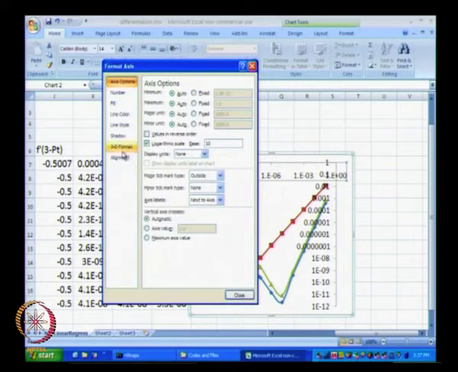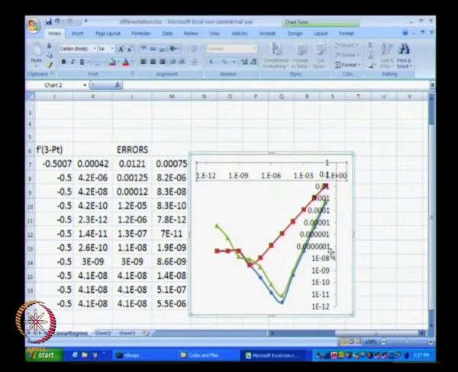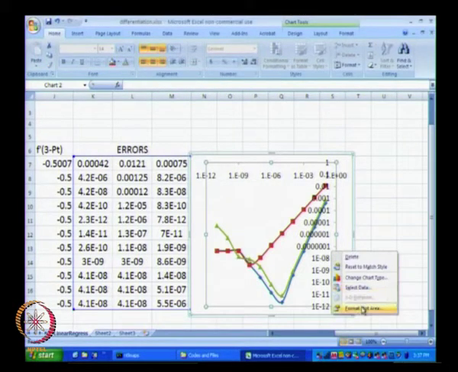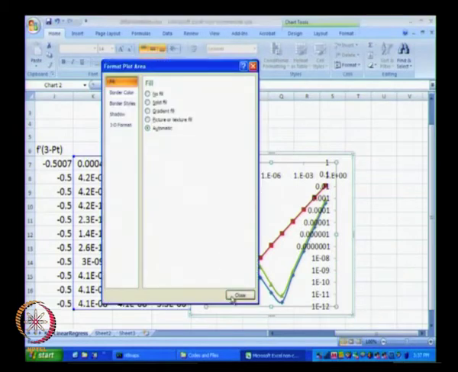Okay. And likewise, I will change this also to the scientific notation.